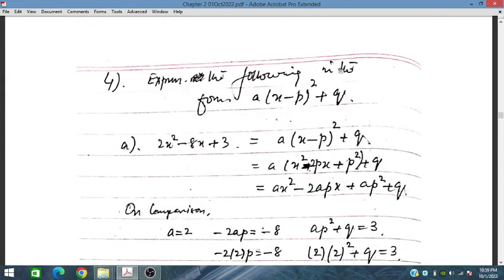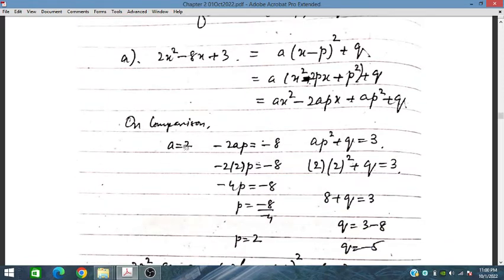Express the following in this form. So we have to write this in this form. Here we have a times x minus p square plus q. So we open it like this. By comparing coefficients, we can see a is equal to 2, minus 2ap is equal to minus 8, and ap square plus q is equal to 3.